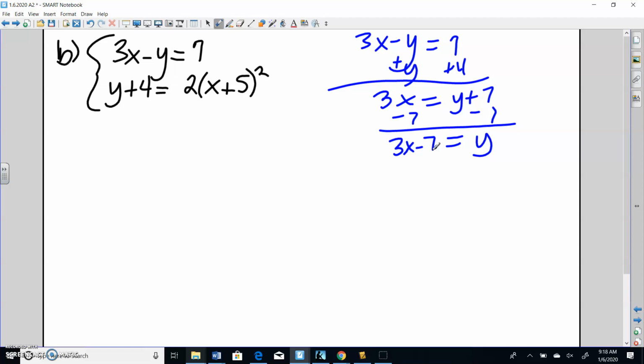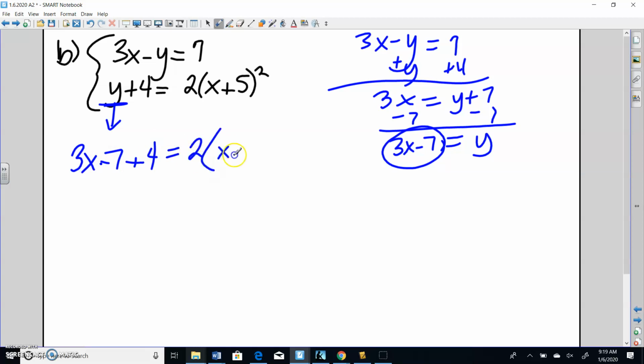So I'm going to go to the second equation, and wherever I see y, I'm going to put this in its place. So right here, I'm going to put 3x minus 7. Then I still have that plus 4 equals all that good fun stuff on the right.